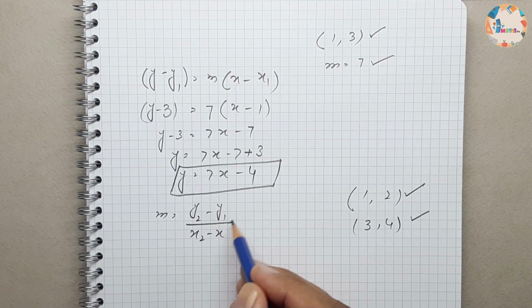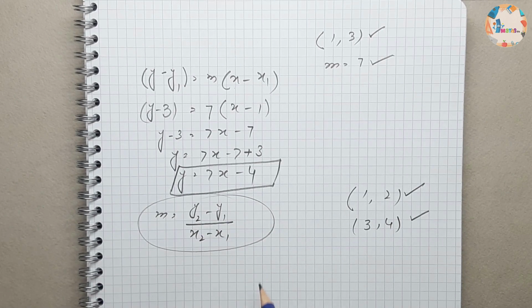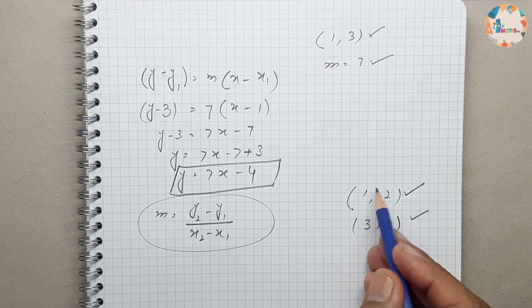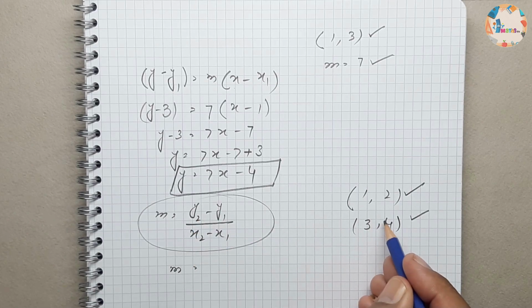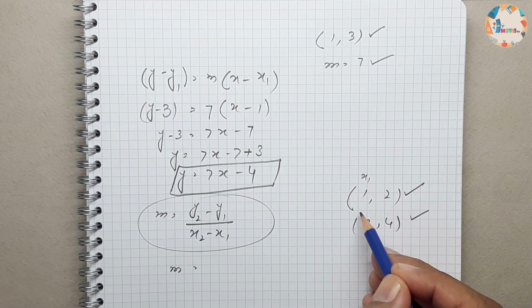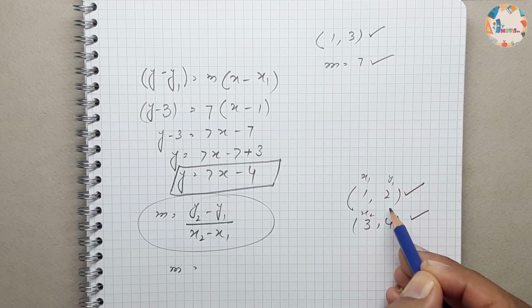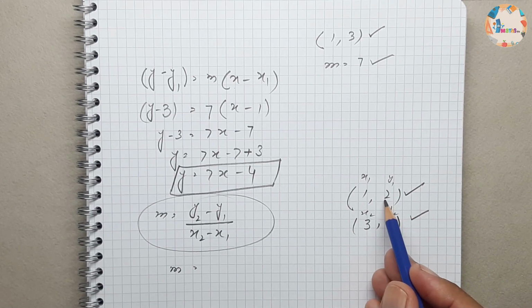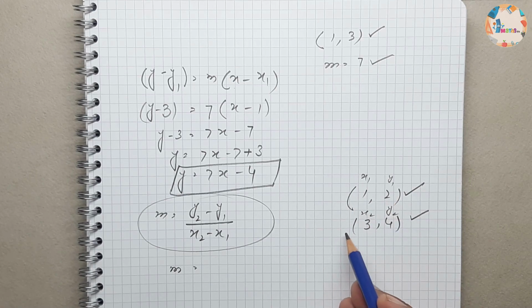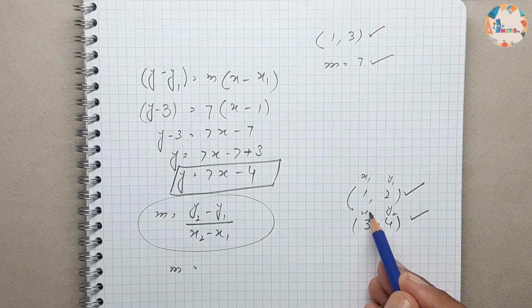You will have to keep this formula in mind. In this formula we will be replacing these two values. We can take these as x1, y1 and x2, y2. We can switch these points also, that is not an issue. Any point you can take as x1, y1, and the other point as x2, y2.